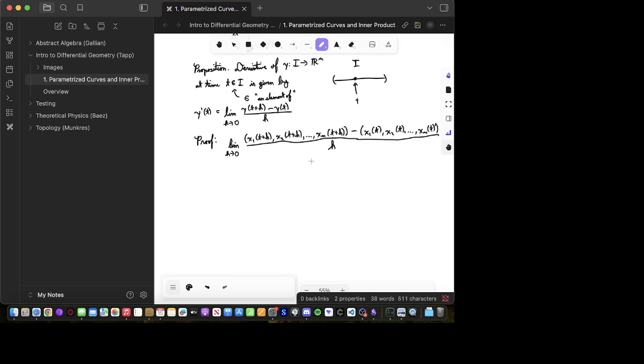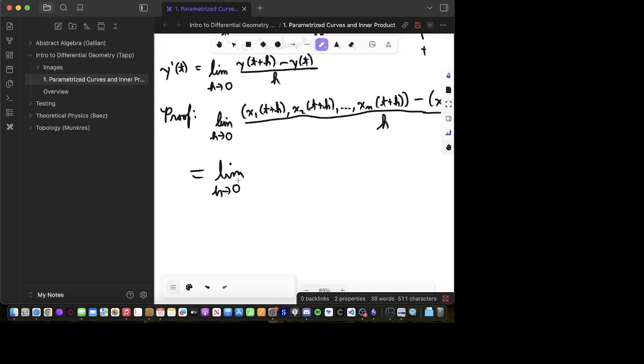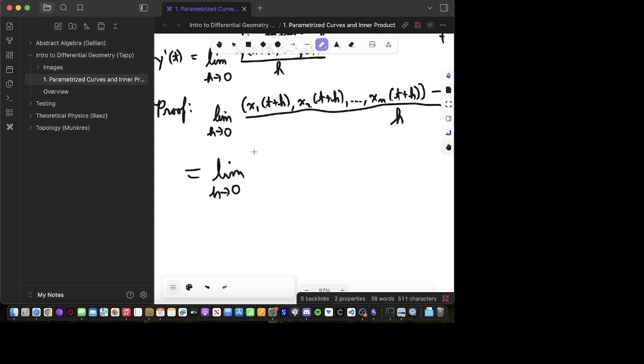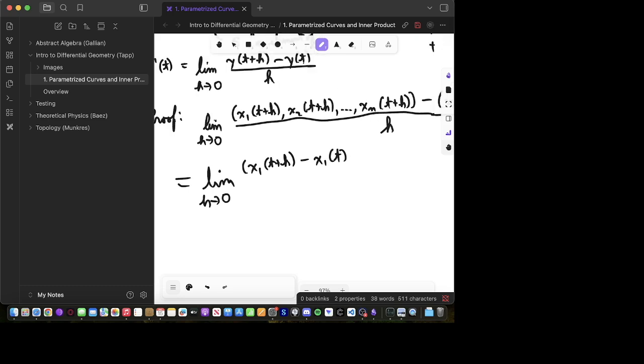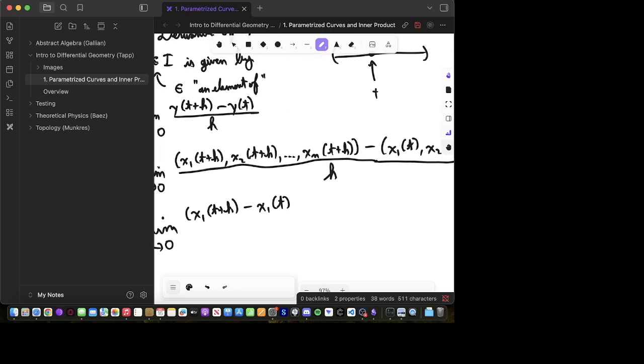So we can actually simplify this further as the limit as h approaches 0 of x1(t plus h) minus x1(t), because we're subtracting components together.